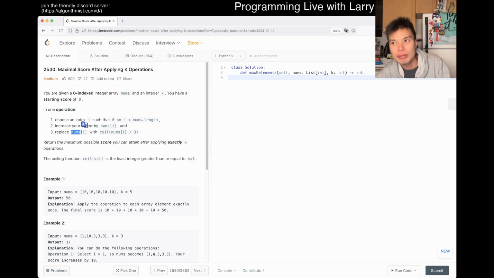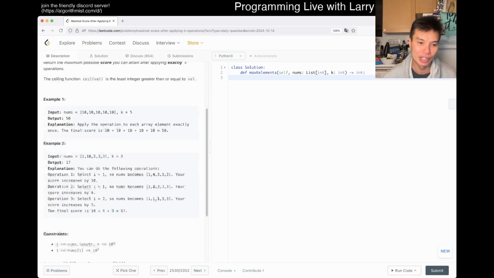The idea of greedy is that the best local move gives you the best local score, for the best global score. That's really the idea, and here we want to do greedy. Okay, what do we do after we do greedy?